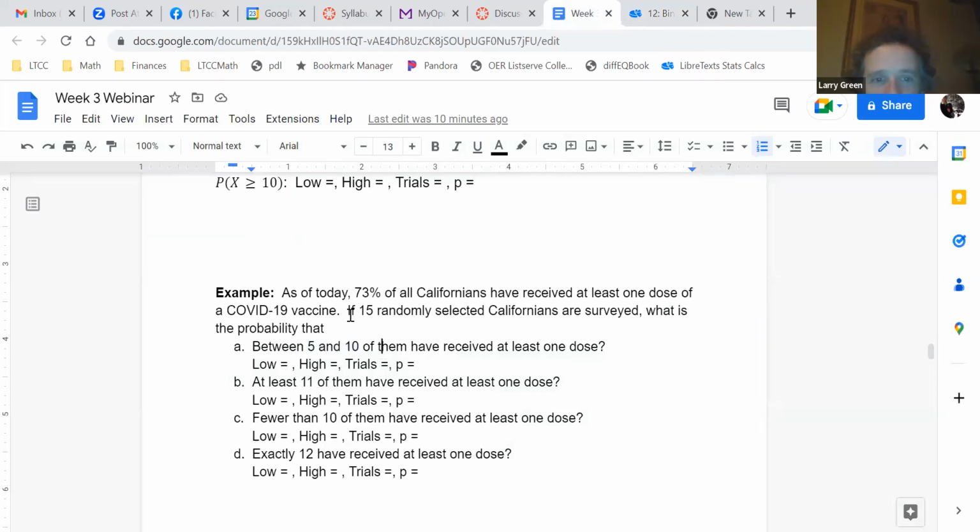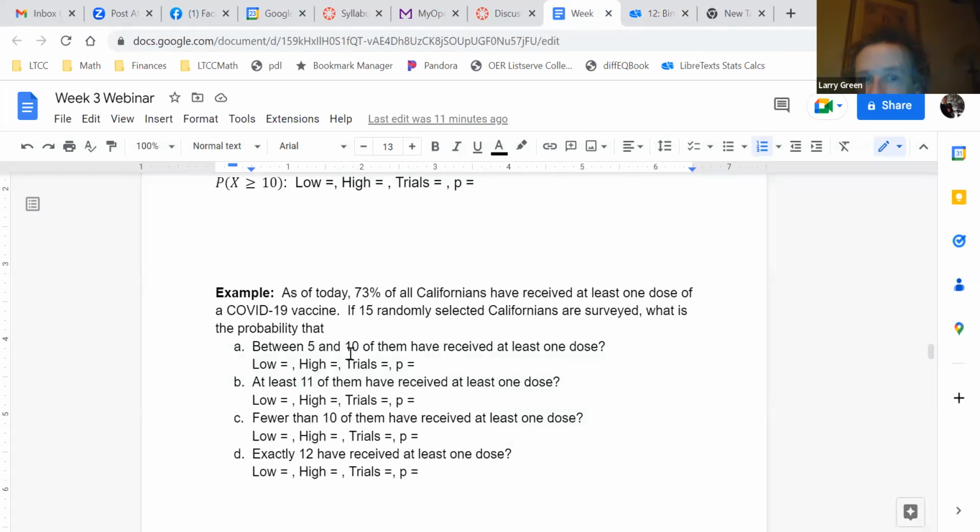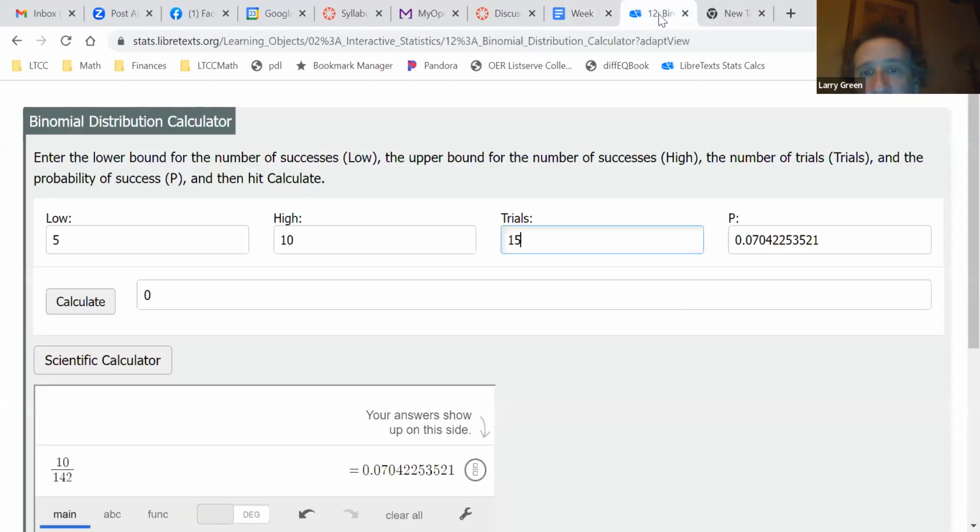Okay. We surveyed 15 Californians. So how many trials? 15. Any questions so far? The probability of any particular person saying yes to the survey, I have been vaccinated, at least one dose, is 73% or 0.73.